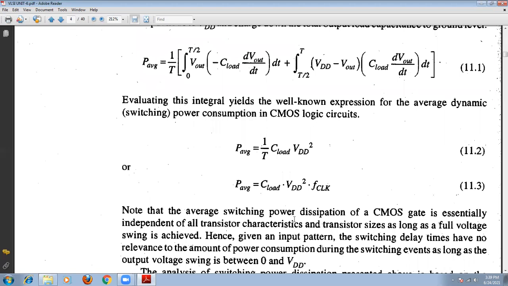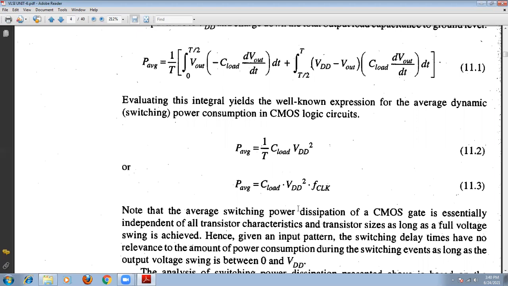So here is the analysis of the switching power dissipation, under the assumption that the output node of the CMOS goes through a power-consuming transition from 0 to VDD in each clock pulse.